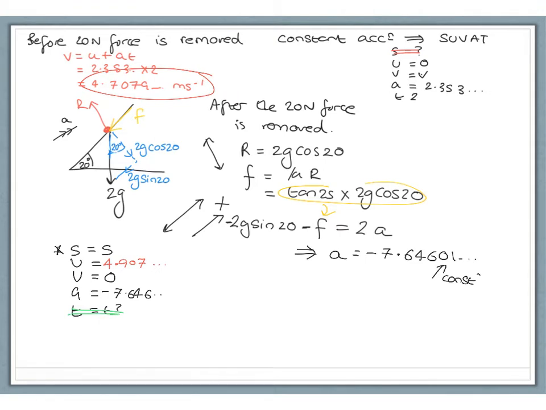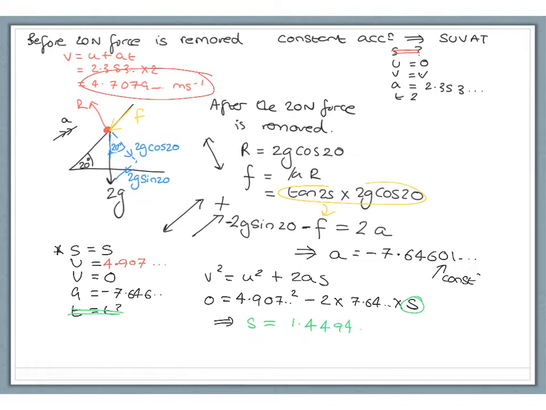So from here, S, U, V and A, we can use the equation V squared equals U squared plus 2AS. And if we rearrange this equation to work out what S is equal to, it comes to a value of 1.4494, etc., 1.45 meters to 3 significant figures.